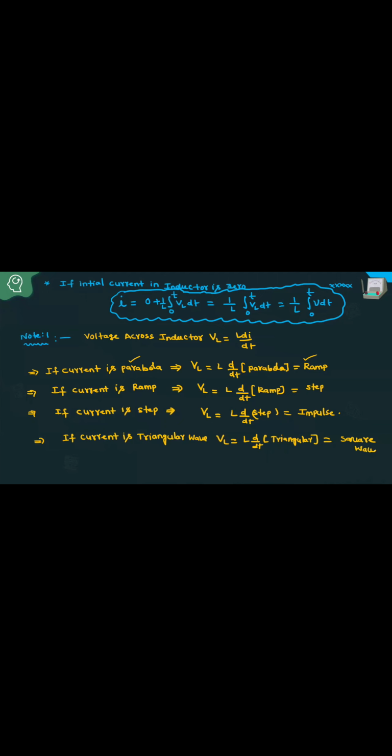Differentiation of a triangular wave is a square wave. If current is a sine wave, what is the voltage across the inductor? It is a cosine wave. Differentiation of sine gives cos. Like this you have to write it. Sometimes it will give exactly the opposite. Note 2, I am writing.